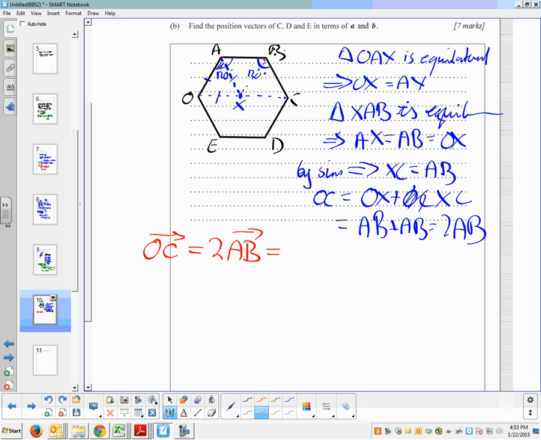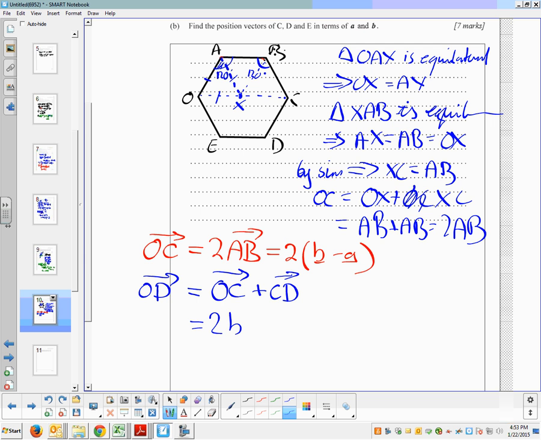And since the position vector of OA is A and the position vector of OB is B, that's just 2B minus A. For OD, the easiest way is OC, which I've just worked out, plus CD. And CD is just going to be negative A, so that's 2B minus 2A minus A, which is 2B minus 3A.